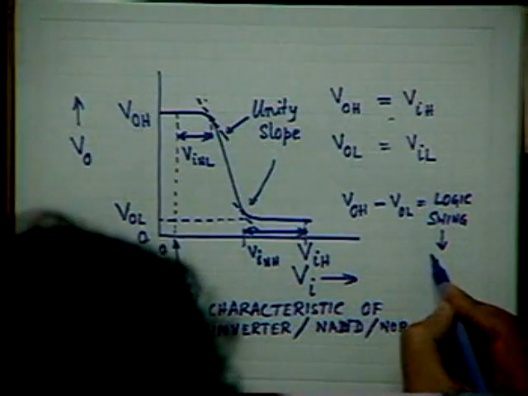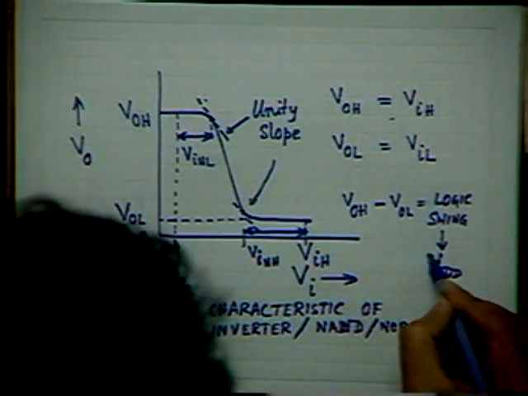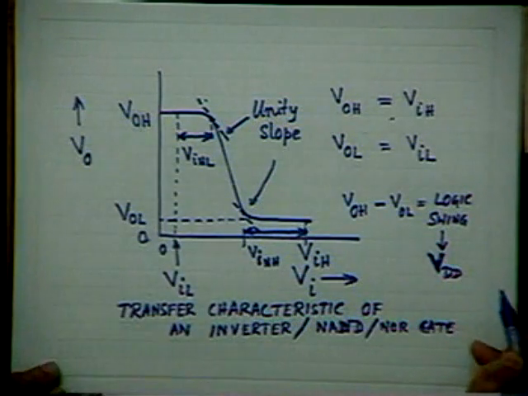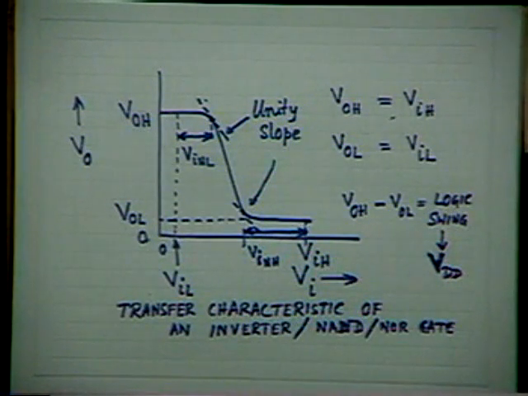The first requirement is the logic swing should be as large as possible. In fact, it should be approaching the value of VDD, the power supply voltage. If it is a 5-volt operating supply, then I want ideally a 5-volt logic swing.